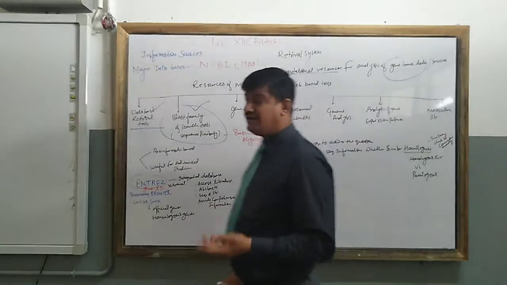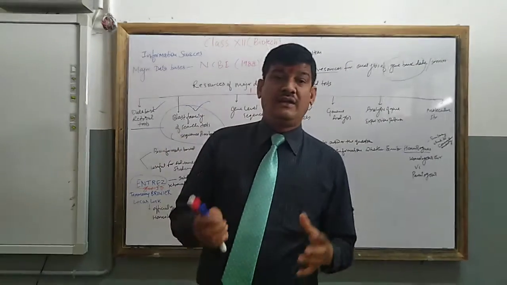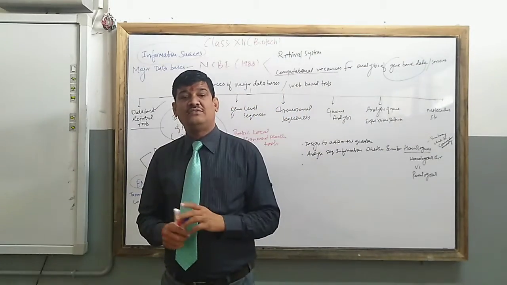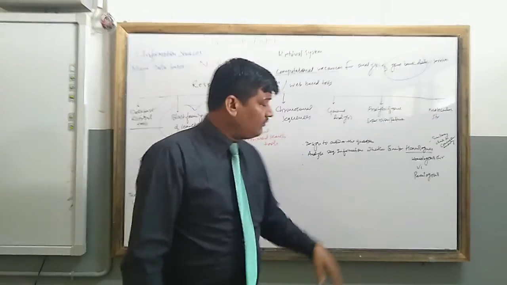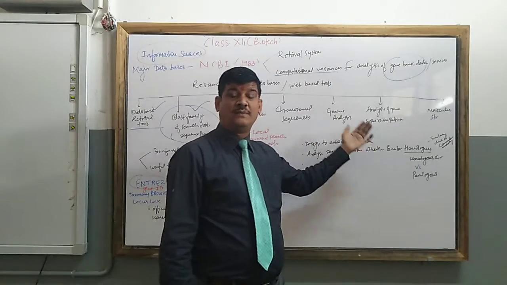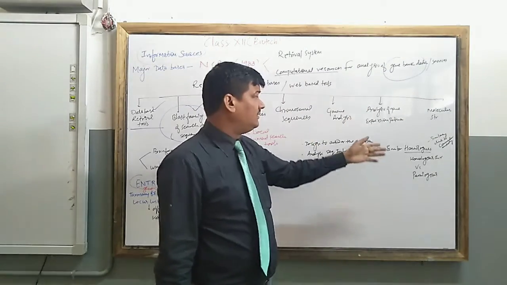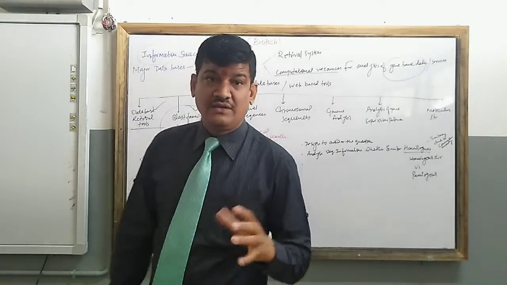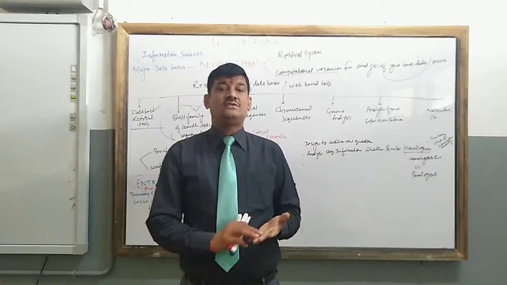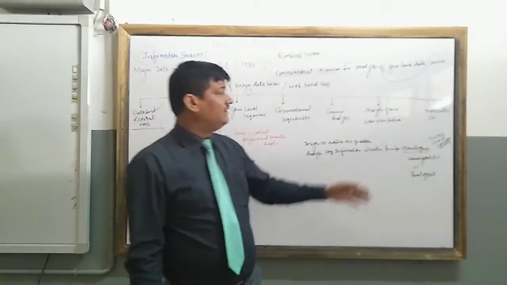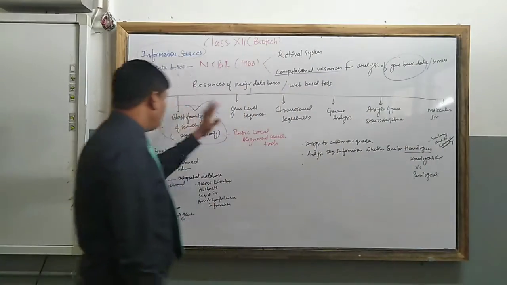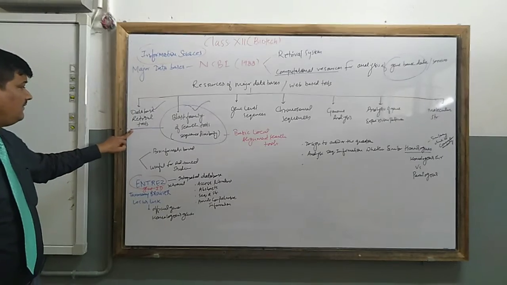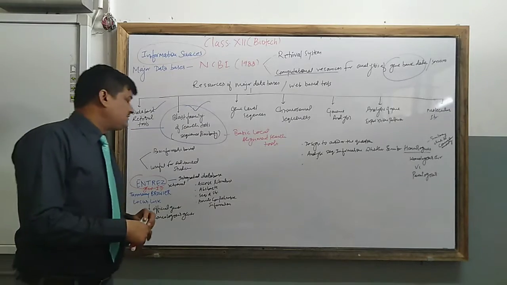Again I am telling you that the combined effort of transcription and translation is known as gene expression, how the gene is expressed for the formation of a particular functional protein. Then molecular structure, which covers the structure of DNA, RNA and protein. Out of these, first of all we will talk about the database retrieval system.